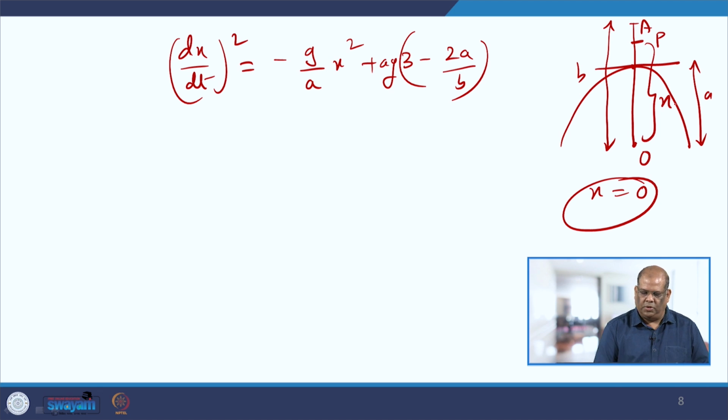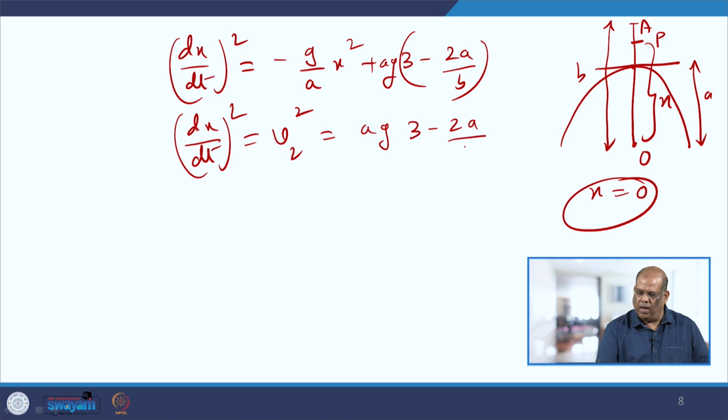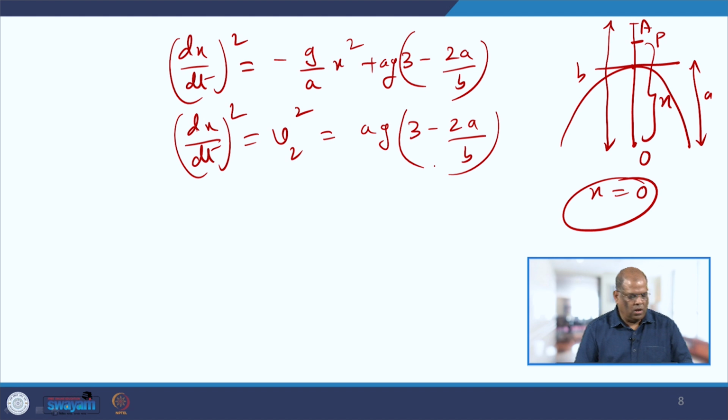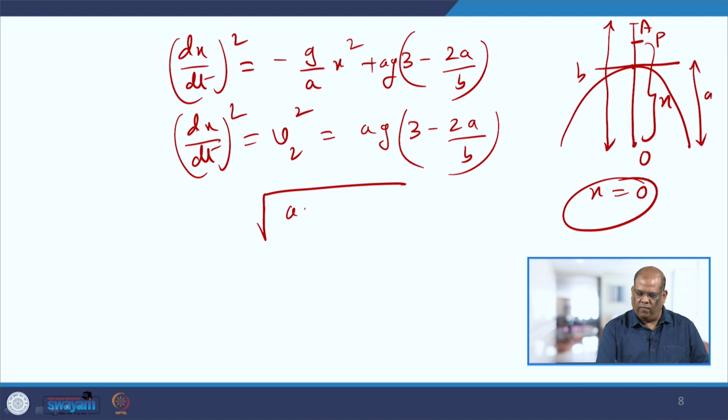You just substitute x equal to 0 and you get (dx/dt) square, which you name v2 square, equal to a g (3 minus 2a by b). So, at the center your velocity is going to be the square root of a g (3 minus 2a by b).